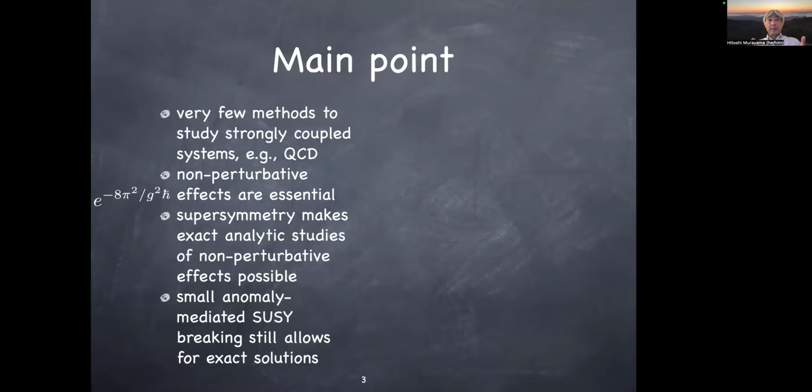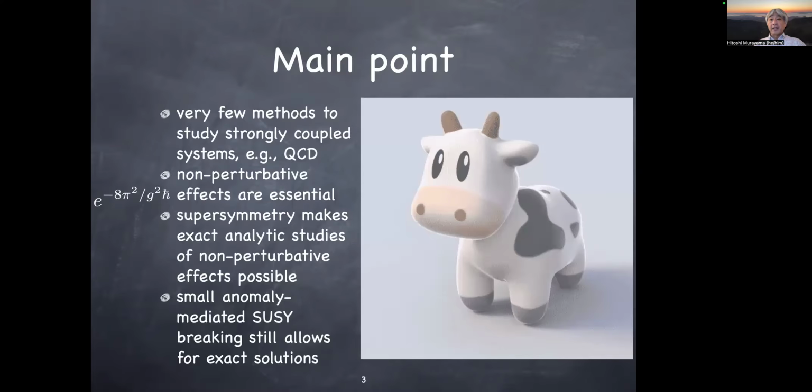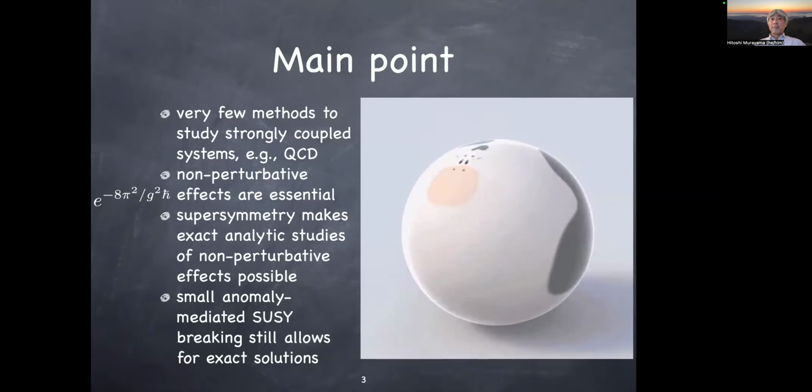If you take this particular way of breaking supersymmetry, it still allows for exact solutions, inheriting from this exact supersymmetry limit. Namely, the idea here is that we are trying to study a cow, but that's very difficult. We can't solve the cow problem. So we have to simplify it. First we make it supersymmetric. That's a spherical cow. But the spherical cow doesn't resemble the real cow at all. It's too symmetric.